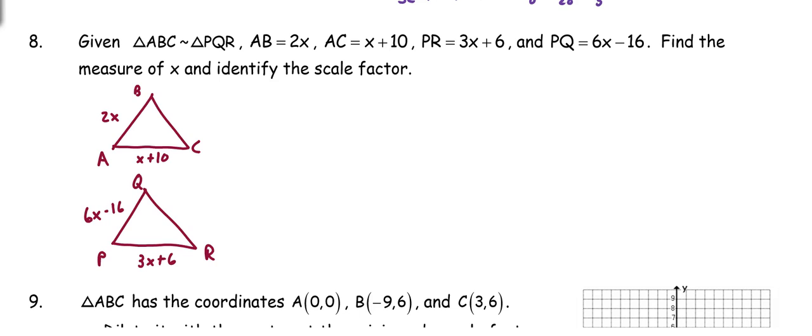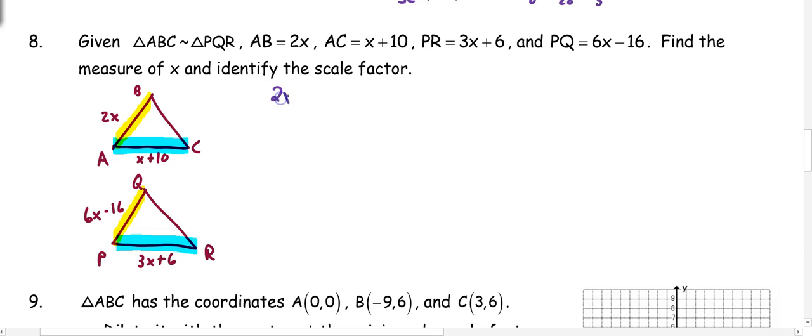So when I look at my picture, I know that AB matches up with PQ because they're the first two letters of the triangles. And I know that AC matches up with PR because they're the first and last letter of the triangle. So now we can set up a proportion.